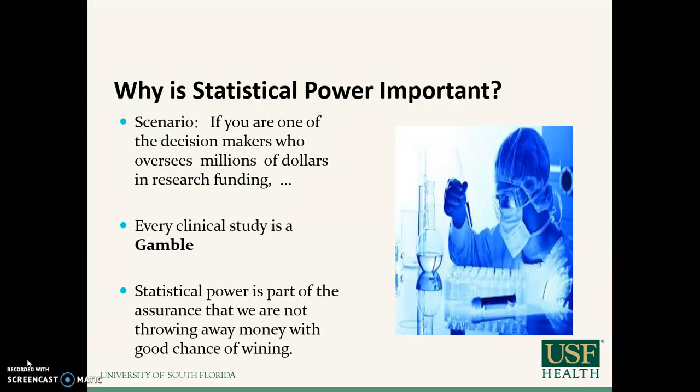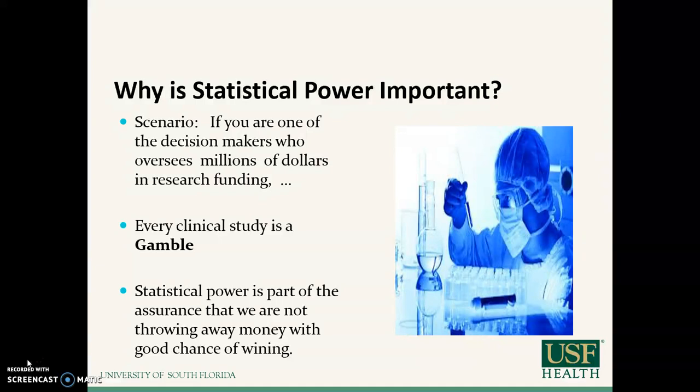Why is statistical power important? If you are one of the decision makers who oversees millions of dollars in research funding, are you really going to give someone multi-million dollars to do a study without any estimation of the likelihood that you are going to be able to find an effect, even if the effect exists?